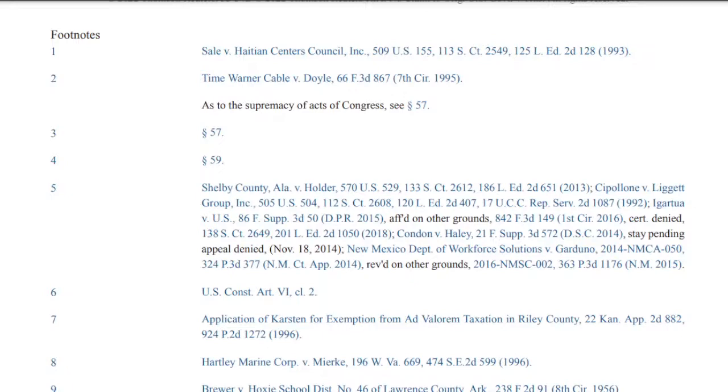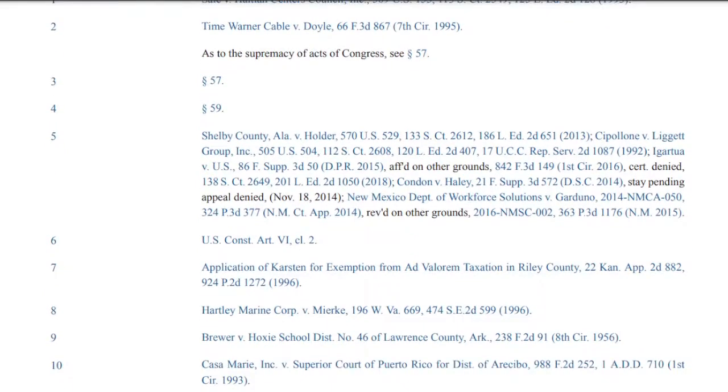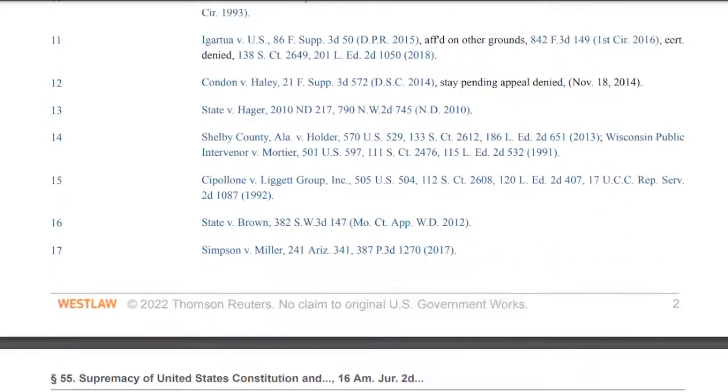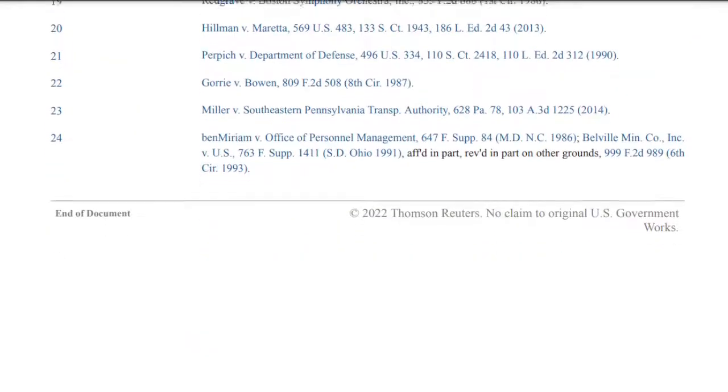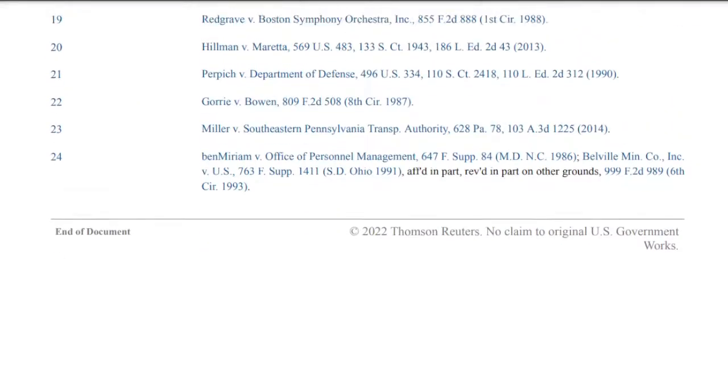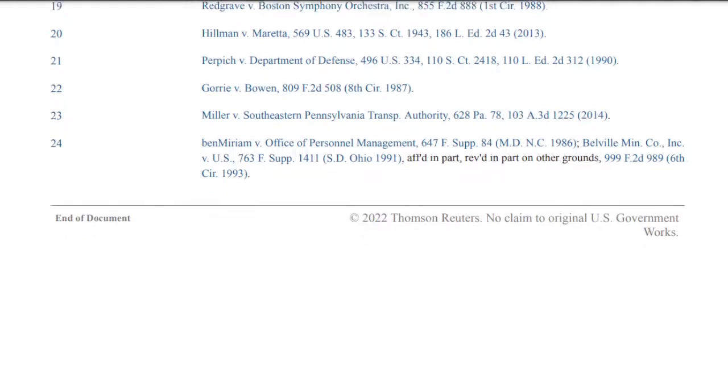Interesting. And just looking down here to see 24. Here we go. Ben Miriam versus Office of Personal Management, 86. And then we also have around 6th Circuit, 1993. Okay. So these are pretty old cases there. I mean, considering.